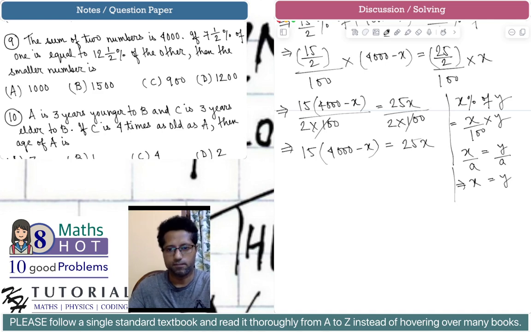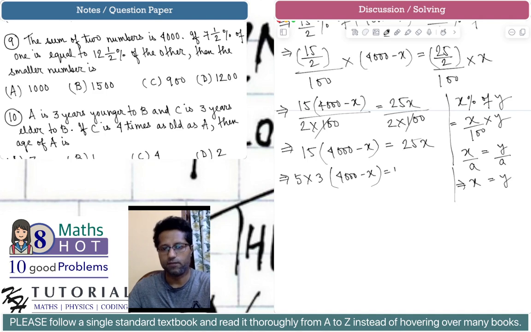Now, here you see 15 is nothing but 5 into 3, and 25 is 5 into 5, and we have x. So both sides have the number 5 as a common factor, and you can cancel that out.